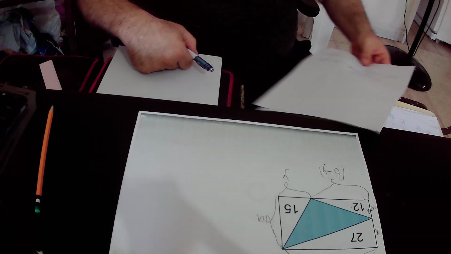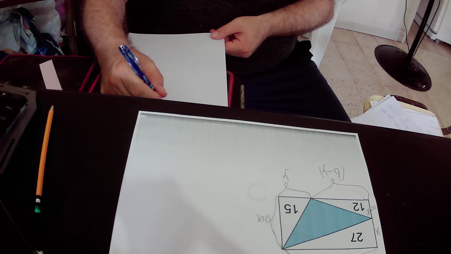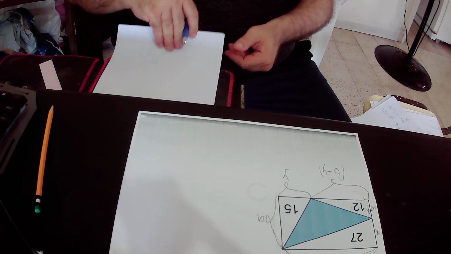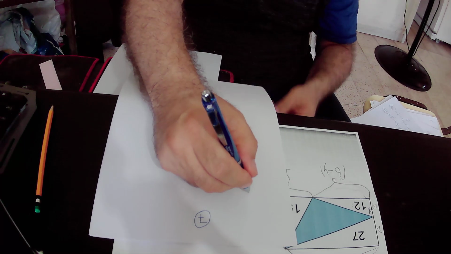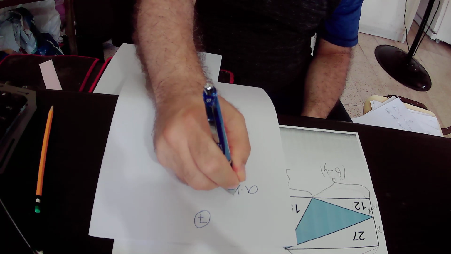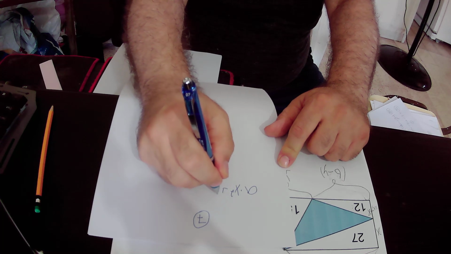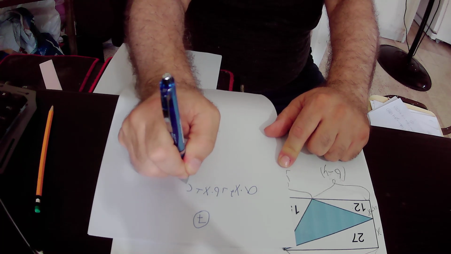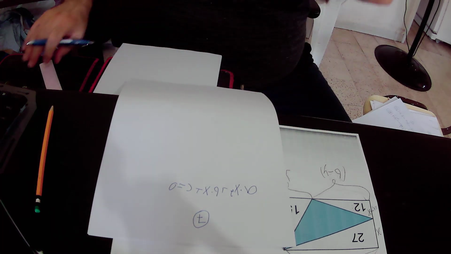In general, the general form of a quadratic equation is actually a times x squared plus b times x plus c equals 0.